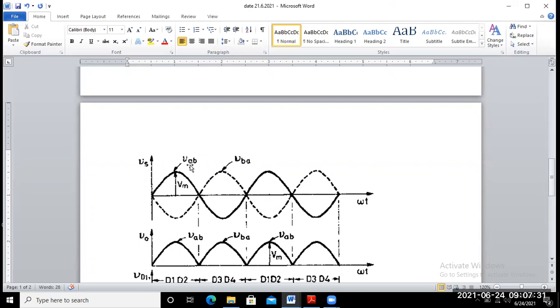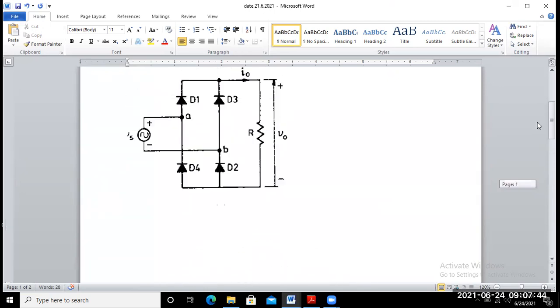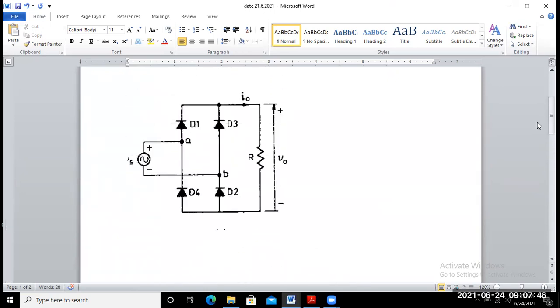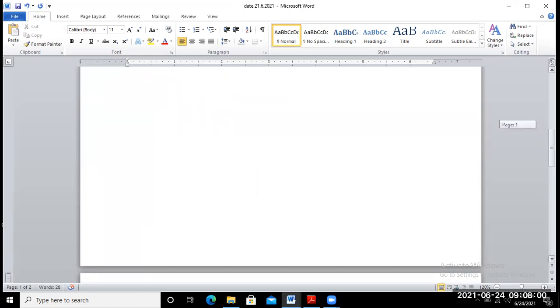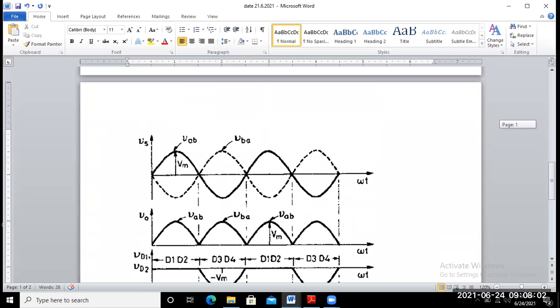So what is the waveform for VBA? That is opposite to VAB. So VBA is this waveform, B to A. A to B is this one, represented by the dark line, and VBA is represented by the dotted line.